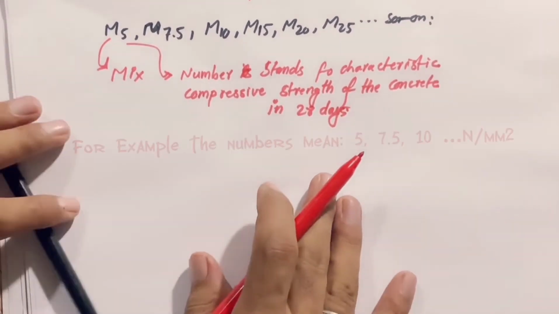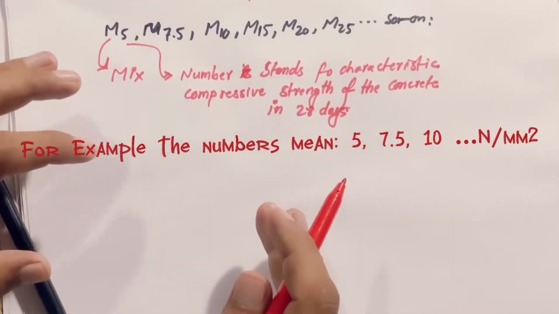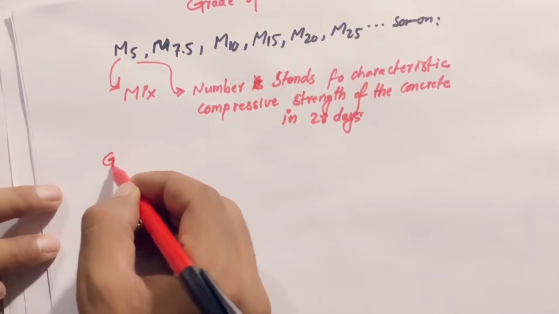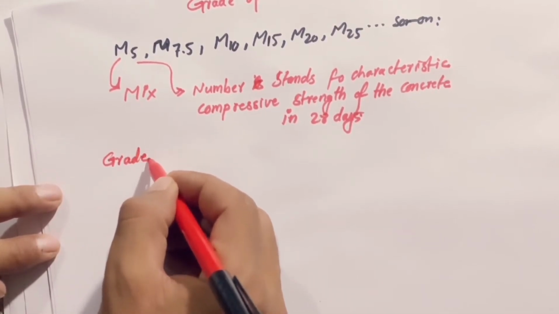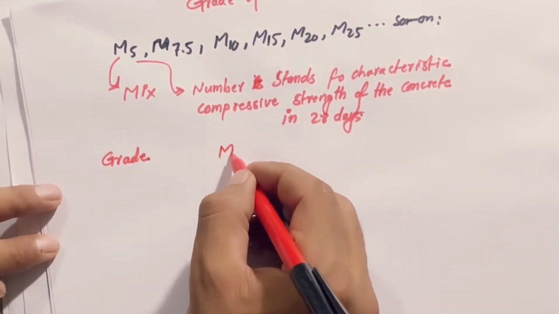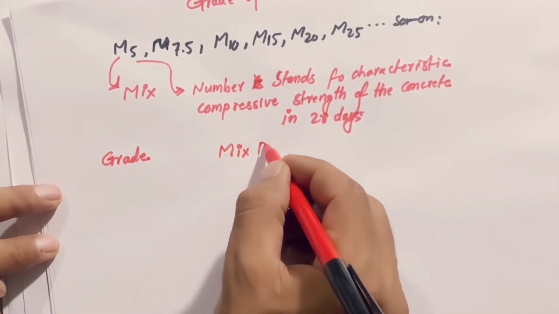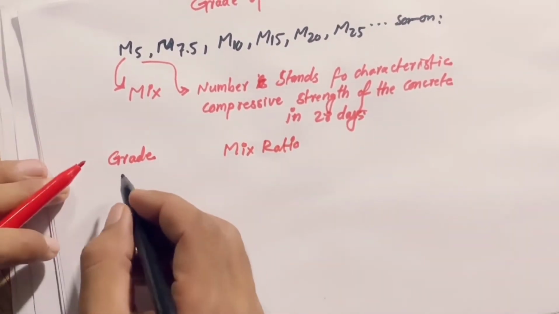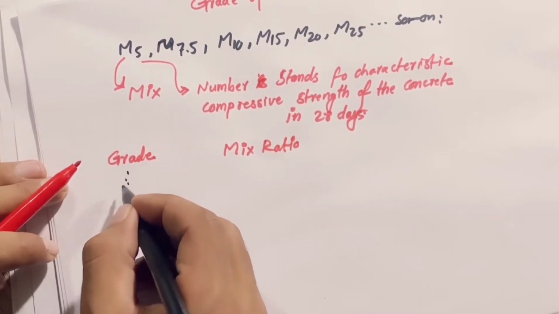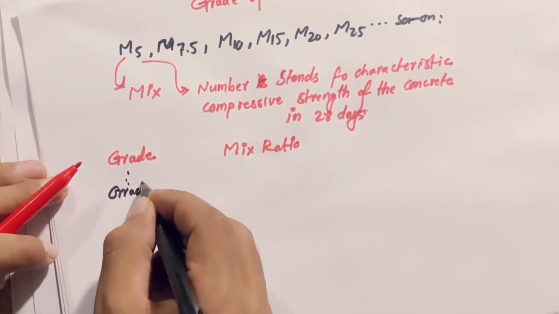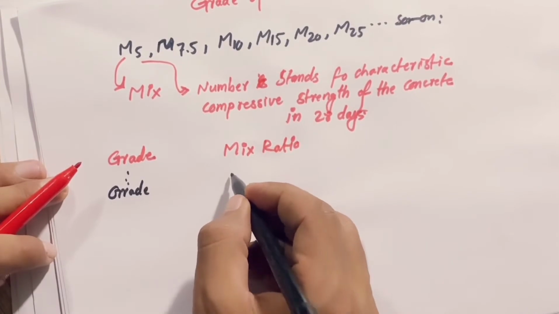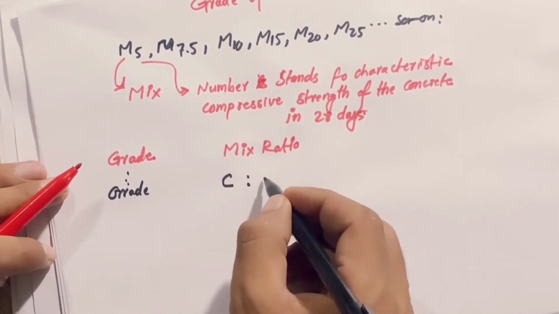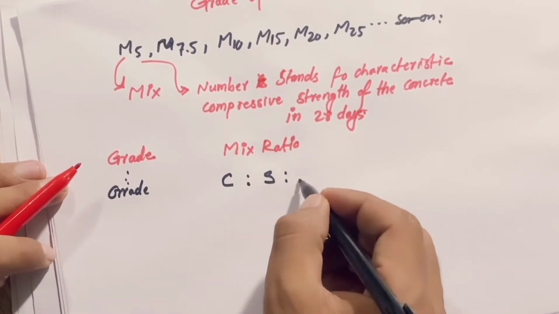Let's begin and show the ratio for each grade of concrete. If I write the grade here and the mix ratio here, we will have the grade, and here we will have the mix design ratio like cement, sand and aggregate.